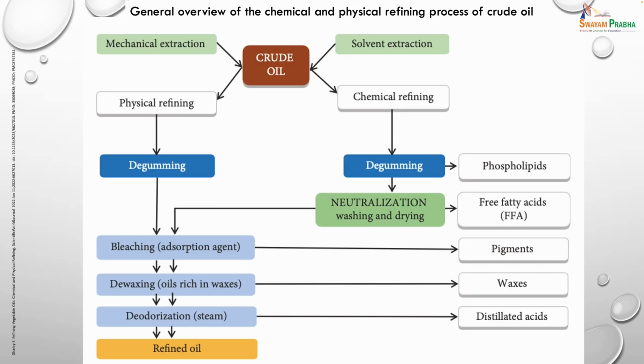This is the general overview of the chemical and physical refining process of crude oil. Now, crude oil is obtained by solvent extraction or mechanical extraction. Then if it goes to chemical refining, the process is degumming, where phospholipids are removed, then neutralization, by which free fatty acids are removed, then dewaxing is done, where pigments are removed, waxes are removed and distillated acids are removed.